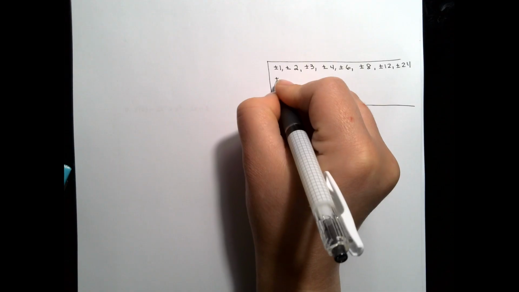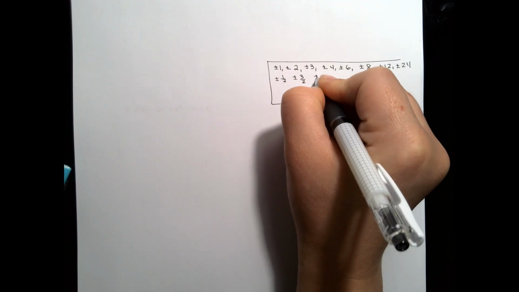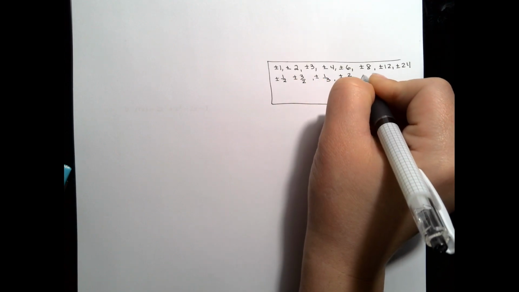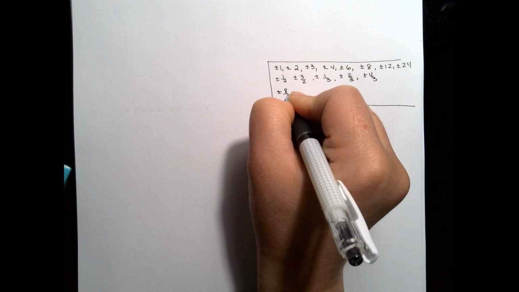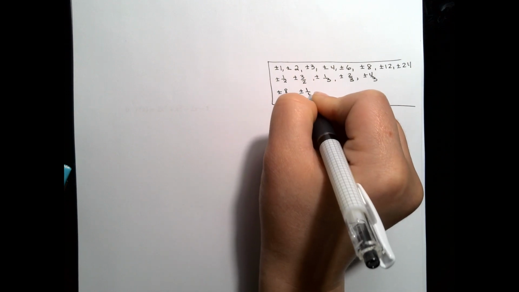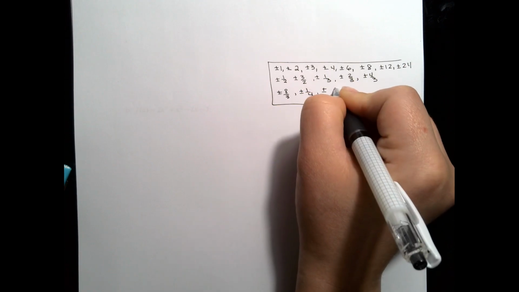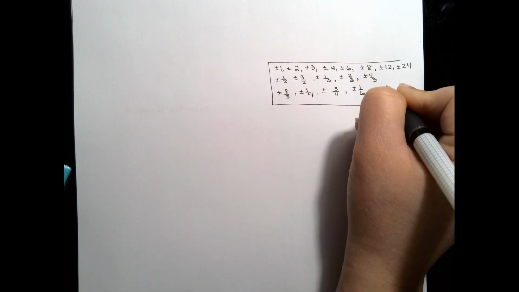Then we get plus or minus 1 half, plus or minus 3 halves, plus or minus 1 third, plus or minus 2 thirds, plus or minus 4 thirds, plus or minus 8 thirds, 1 fourth, 3 fourths, 1 sixth, plus or minus 1 twelfth. So there's many roots, but again, there's going to be so much more that you need to show me.